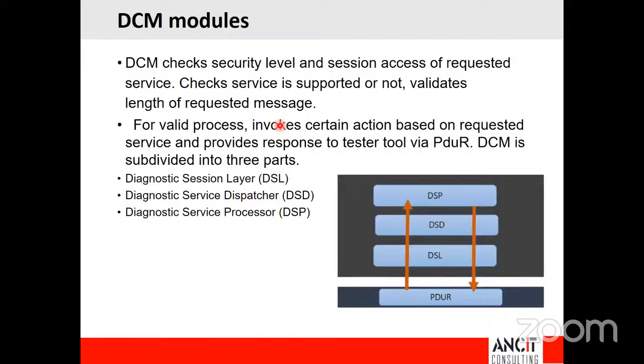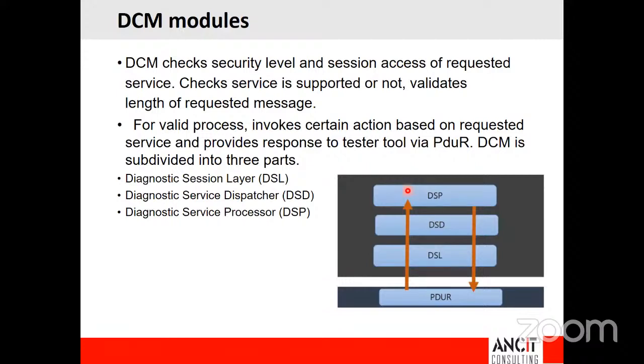Fine. So these are the DCM modules. In the DCM, we have 3 submodules. One is the diagnostic session layer, which we call DSL, then the diagnostic service dispatcher, that is DSD, and the final one is DSP, the diagnostic service processor.